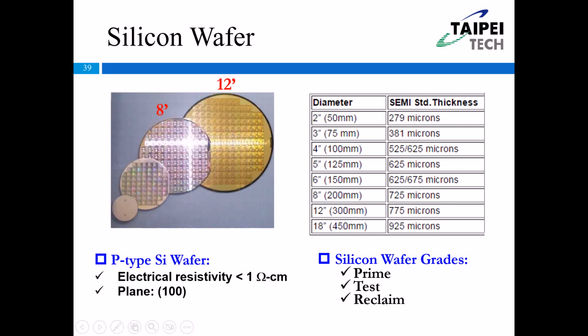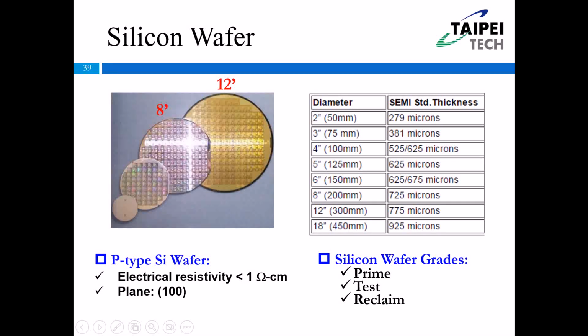And when TSMC buys the silicon wafer, of course, they need to make sure it is a P-type silicon wafer, and the orientation of the silicon wafer is the 100 plane, 100 plane silicon wafer. The reason is the same: better electrical performance of the transistor.